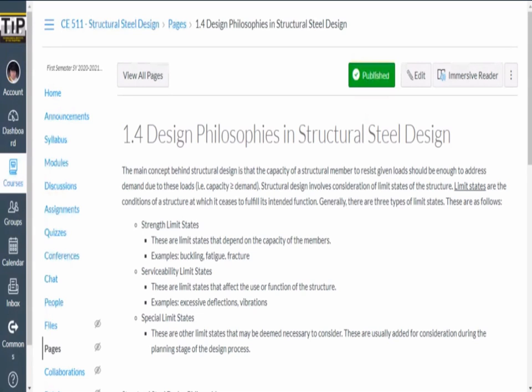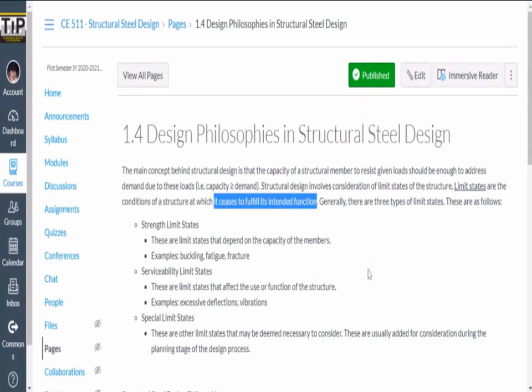Okay. So structural design involves consideration of limit states of the structure. So what are limit states? Limit states are the conditions of a structure at which it ceases to fulfill its intended function.